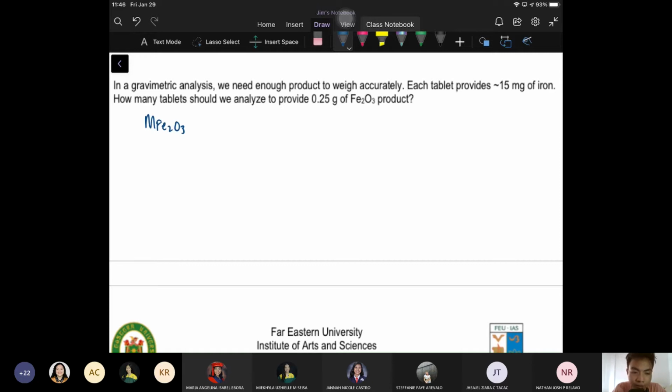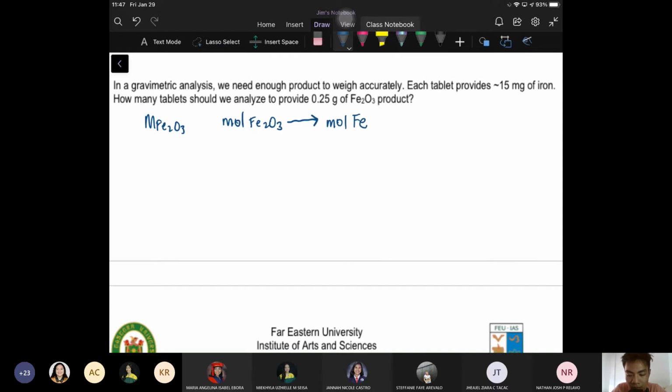Okay? Start ka dyan. And then, you will convert that into moles of iron 3 oxide. Then, ano susunod? 3 steps pala. So, from mass to mole, then from mole of iron 3 oxide to the mole of your desired substance. Yan yung Stoich.